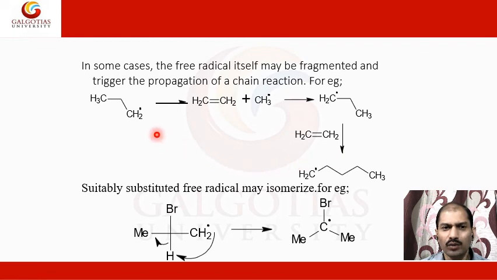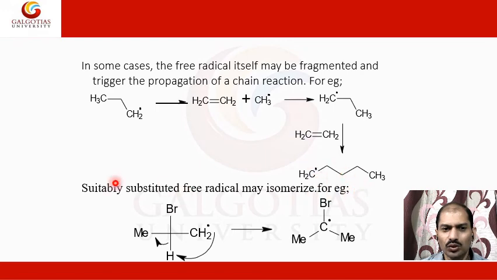Here, in some cases the free radical itself may fragment and trigger the propagation of a chain reaction. Here you can see it fragments and propagates the reaction, and the reaction keeps increasing. Again this molecule attaches to another molecule, making a longer chain.